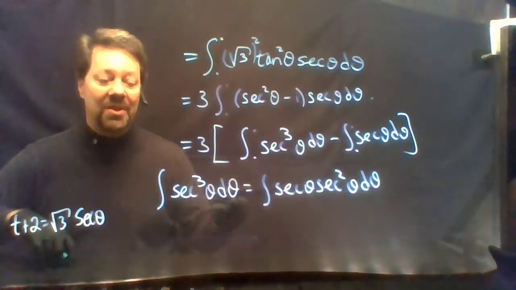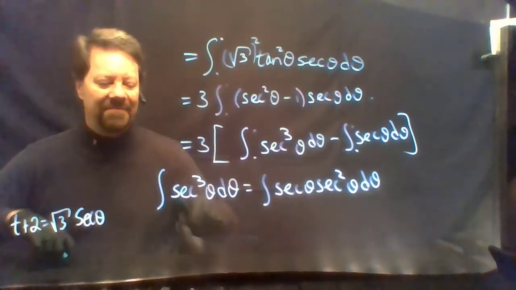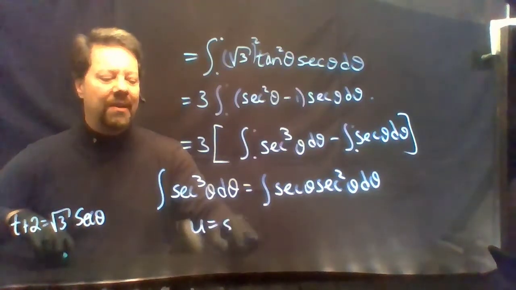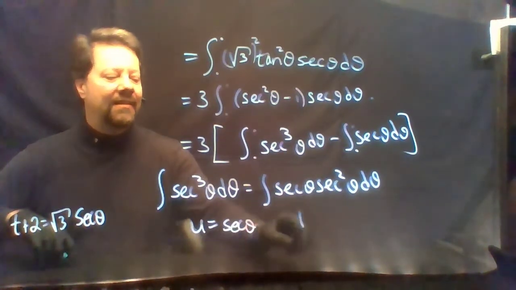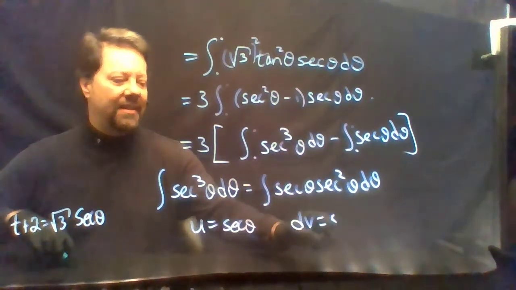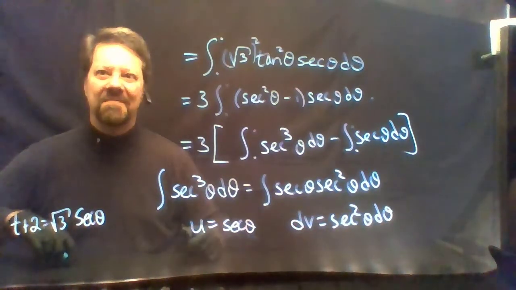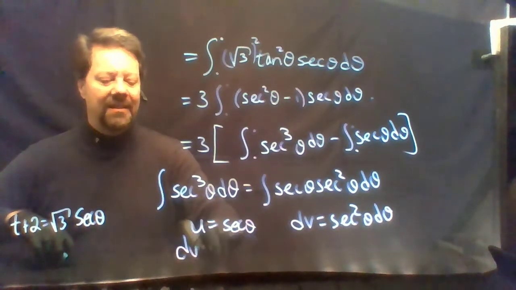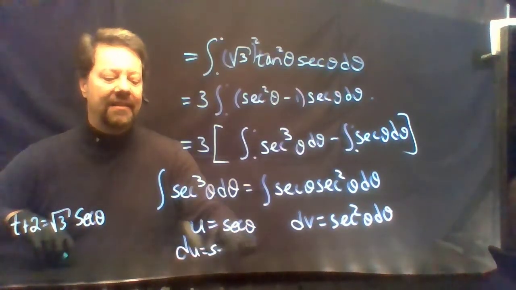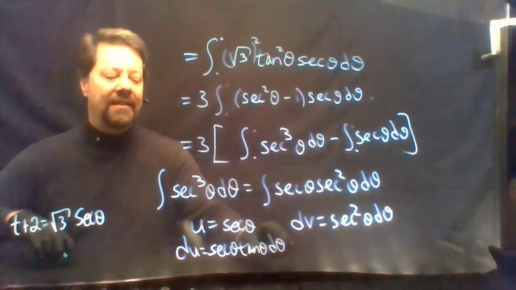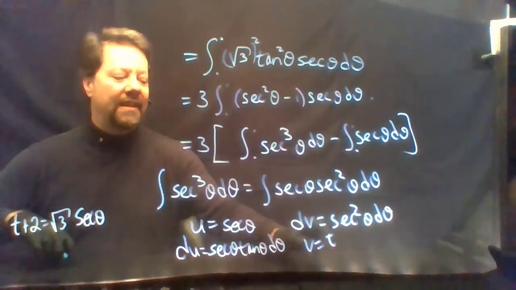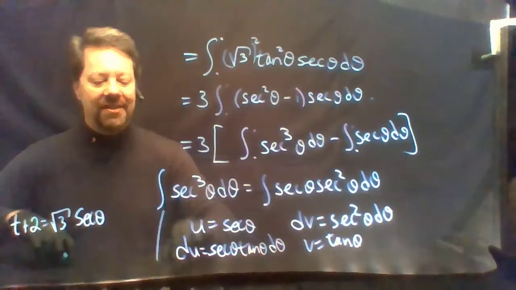That means we should use integration by parts. u is the part you want to differentiate. dv is everything else, including the differential. du, the derivative of secant, is secant theta tangent theta d theta, and v is tangent theta.